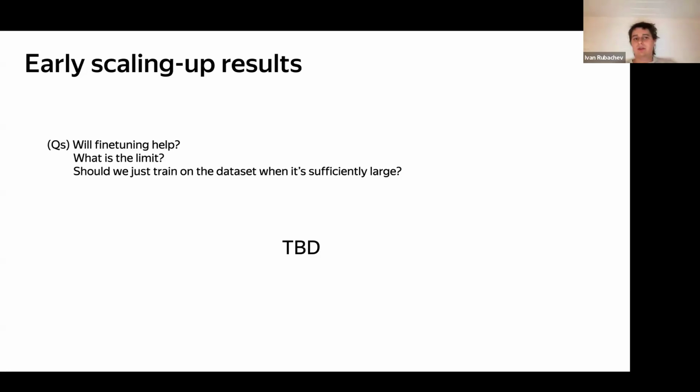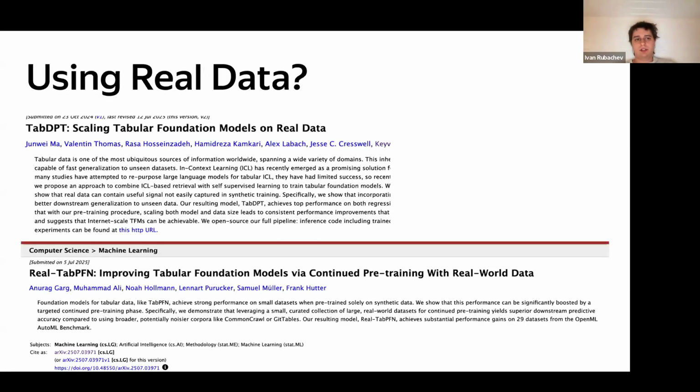So yeah, there are papers from even 2024 and recent ones on using real data to improve tabular foundation models. One paper from Layer 6 AI, it's TabDPT. It actually argues that tabular foundation models, the ones based on in-context learning, scale better when you use real data.